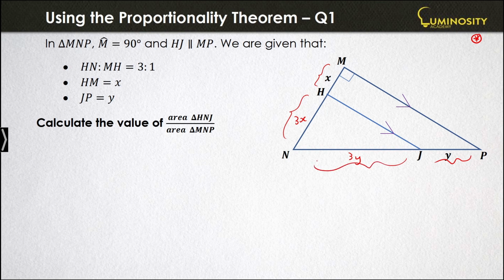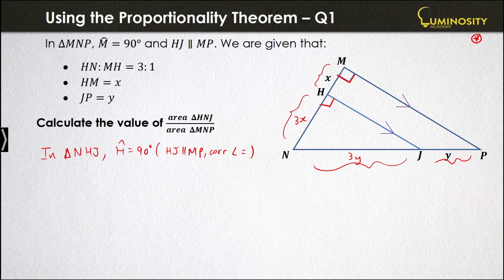Moreover, in triangle NHJ, angle H equals 90 degrees. How do I know that? Well, HJ is parallel to MP, so corresponding angles are equal. The corresponding angle is this one here.